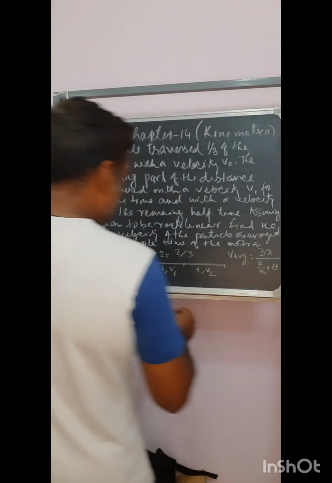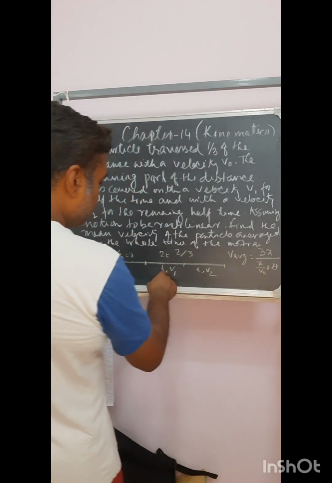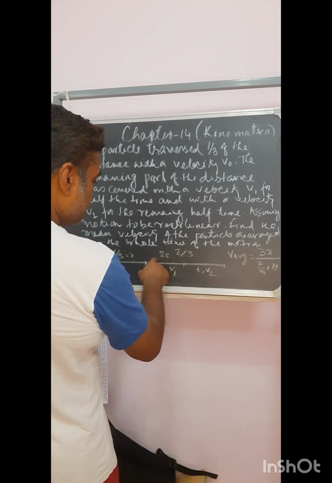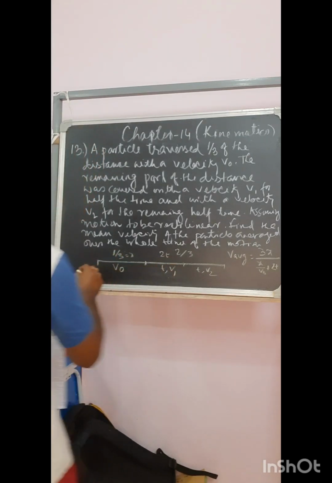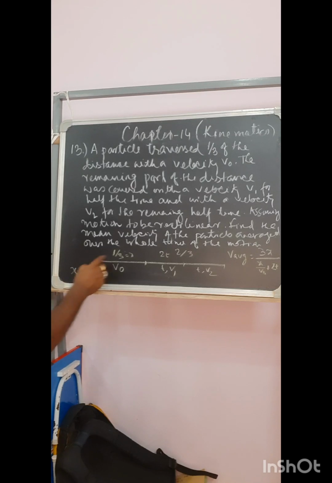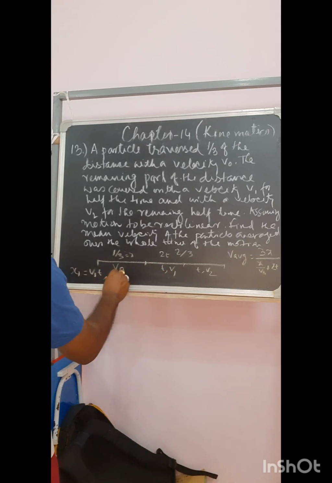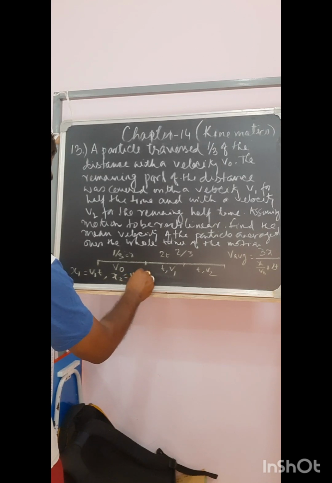Now what is t here? The distance traversed is, let's say, x1 in v1 t time, and x2 in v2 t time.